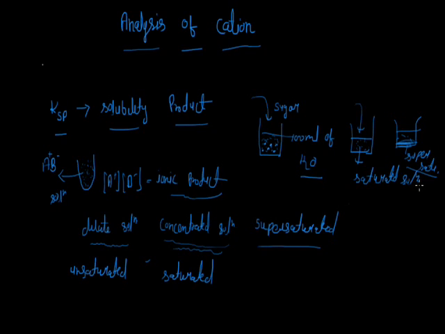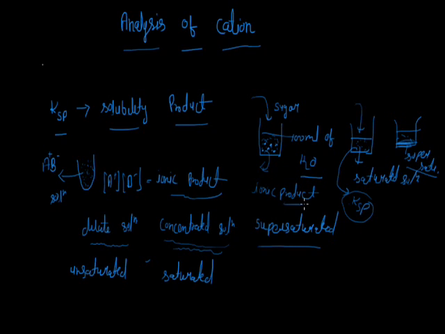Now, when the solution becomes saturated, at the saturation point the product of ions is called solubility product, that is called KSP. And if the solution is unsaturated, then the product of ions is simply called ionic product.